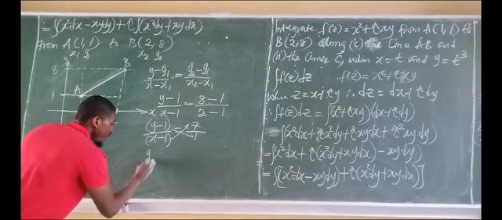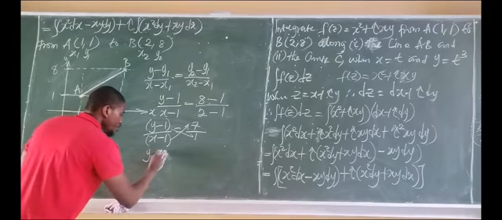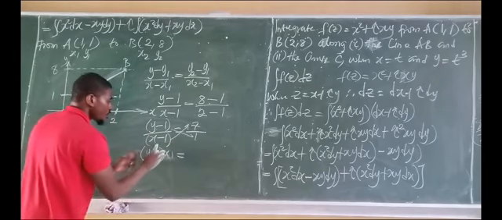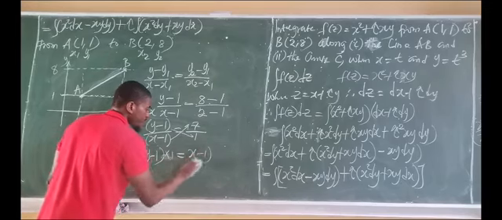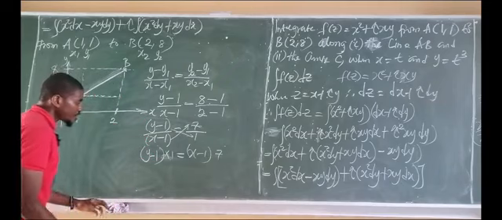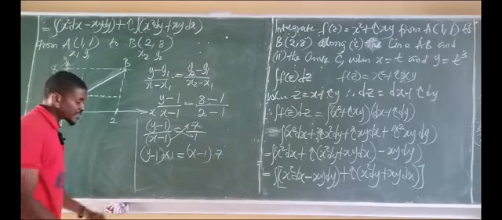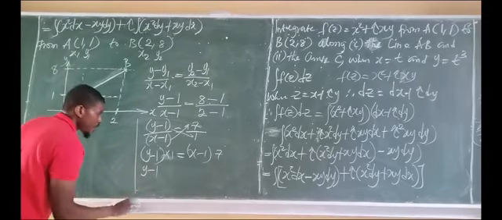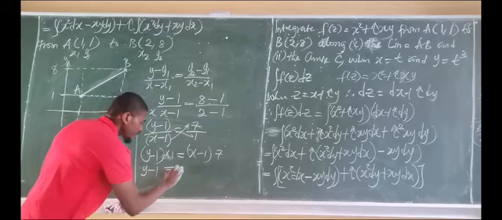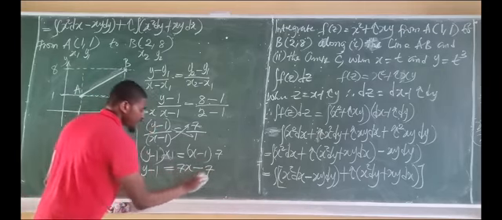So you have y minus 1 times 1 equal to the whole of x minus 1 multiplied by 7. So from here I will have y minus 1 times 1 still remains y minus 1, and this is equal to, expanding this bracket now, x times 7 gives me 7x, and 7 times minus 1 gives me minus 7.